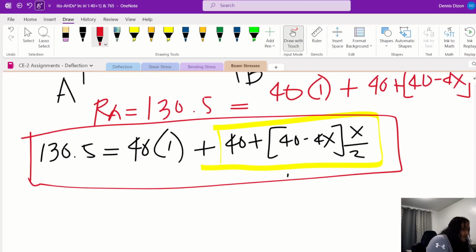So 130.5 is equal to 40, and then plus this one.